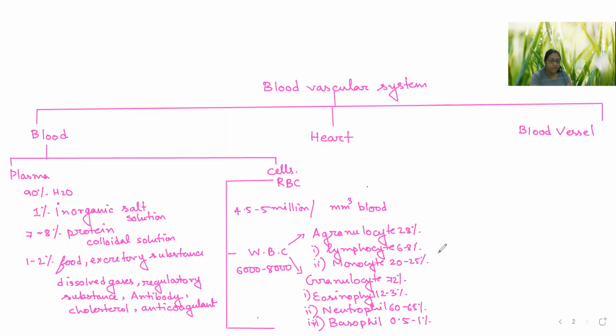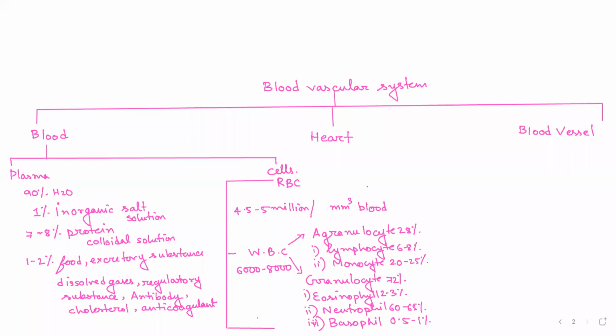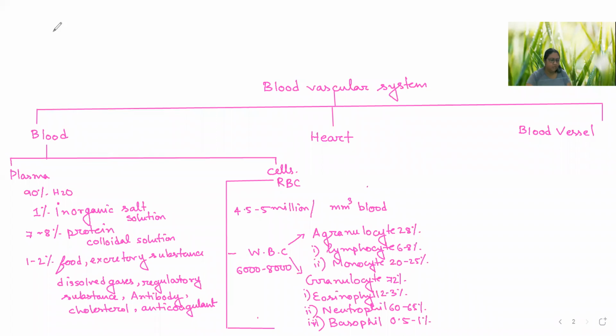Now I am talking about granulocytes, and first I wish to talk about the eosinophil. They are stained by acidic dye, which is called eosin. The eosinophil is stained by acidic dye called eosin, and they have a bilobed nucleus.